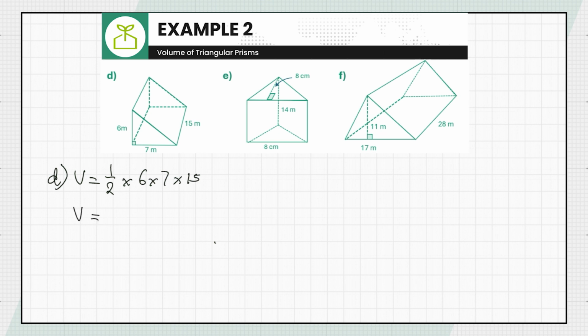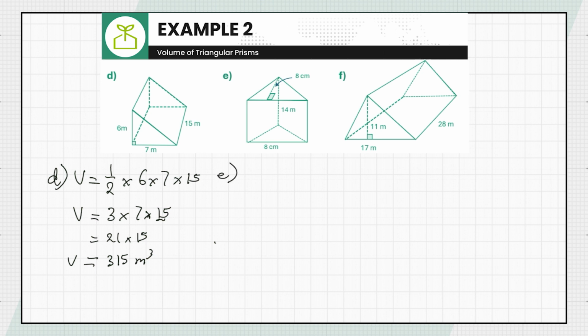It can be equal to 3 times 7 times 15, which is the same as 21 multiplied by 15, and that just equals 315 meters cubed. So that's our volume. An easy way to think about this when we're doing multiplication is to try and keep values that are multiples of 5. They make your calculations a lot easier.